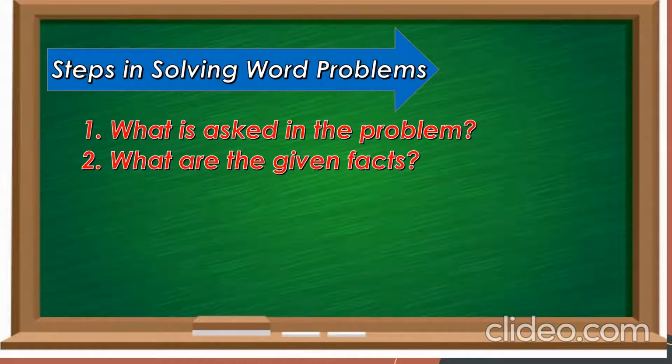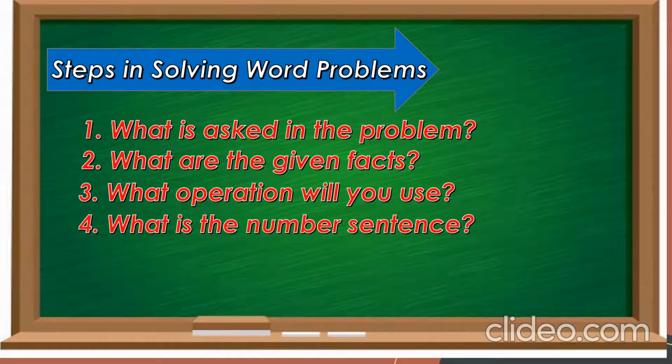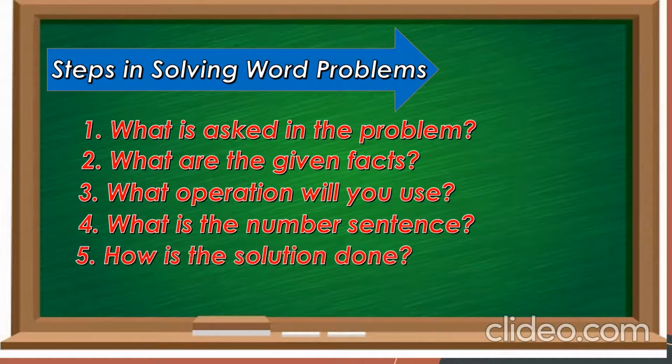After understanding the problem, we need to have a plan. A plan is very important. So for step number 3, what operation will you use? Are we going to use addition, subtraction, multiplication, or division? 4th step, what is the number sentence? 5th step, how is the solution done?